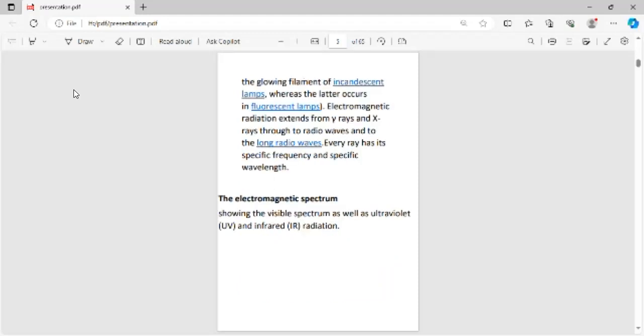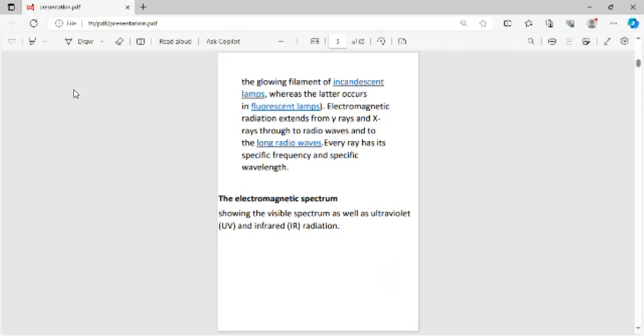Some examples of the objects or materials that produce electromagnetic radiation are the incandescent lamp and the fluorescent lamp. The electromagnetic radiation extends from gamma rays and X-rays through to the radio waves and to the long radio waves.